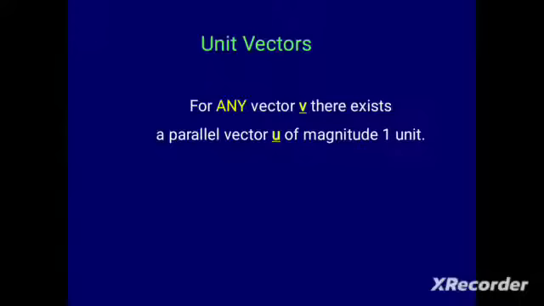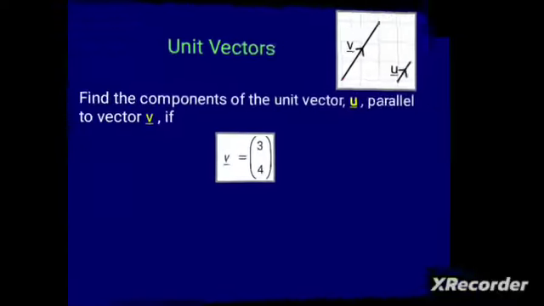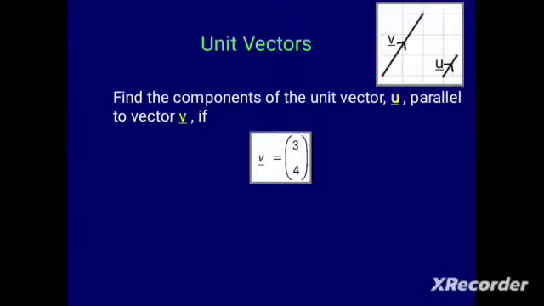This is a vector of magnitude 1, and so the vector is called a unit vector. Let's look at this as an example.